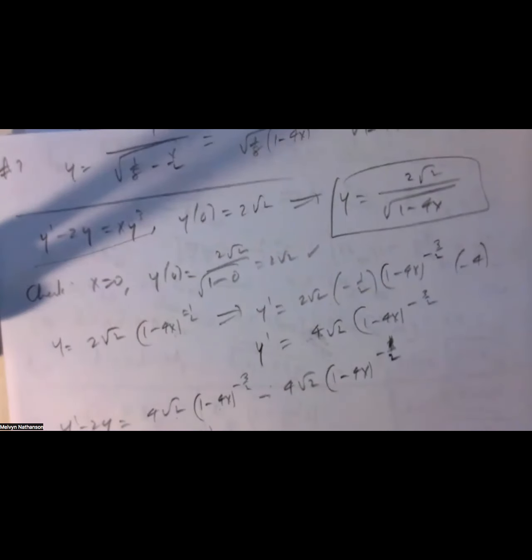Let's calculate xy cubed. Xy cubed is x times, what is y? 2 root 2 over the square root of 1 minus 4x, cubed.